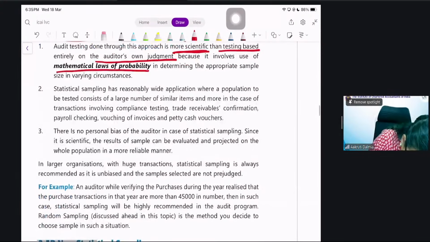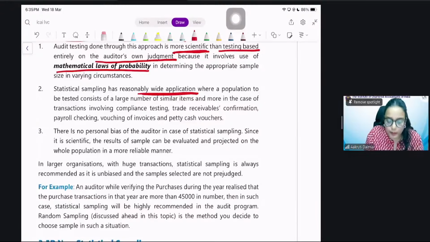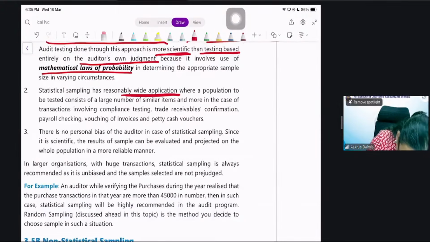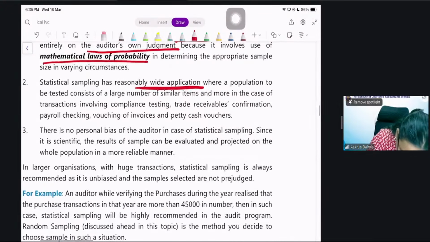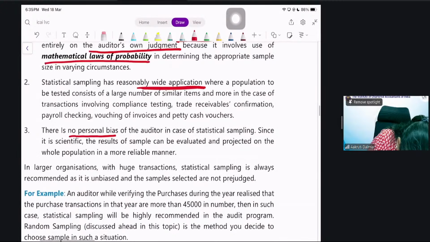Then it has wider application. It has a wider application because instead of checking each and everything, you can check specific things in detail. So population can have large number of similar items. There is no personal bias of auditor. Okay.